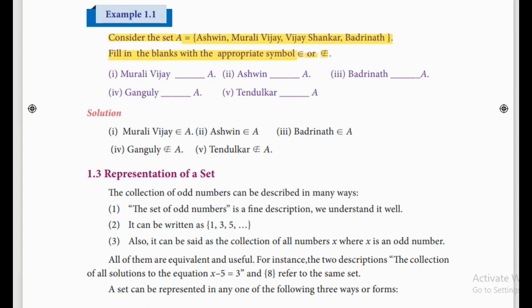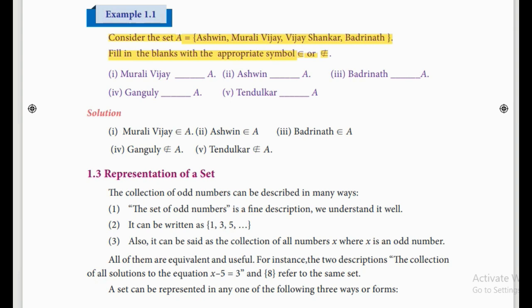A equal to, they have given it in capital letter because it is a set, {Ashwin, Murali Vijay, Vijay Shankar, Badrinath}. So these are 4 cricketers' names. The set A contains 4 cricketers. The question is, fill in the blanks with the appropriate symbol, belongs to or does not belong to.